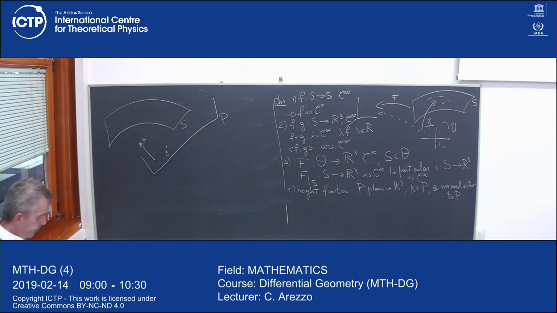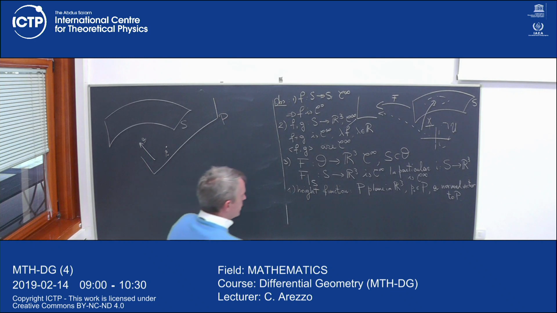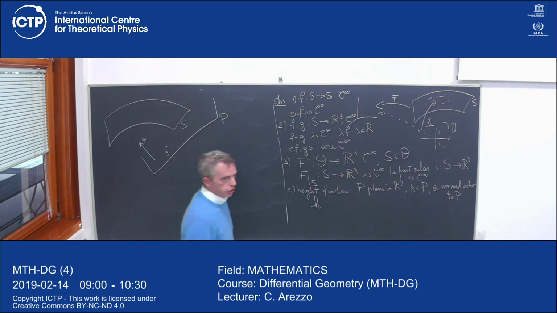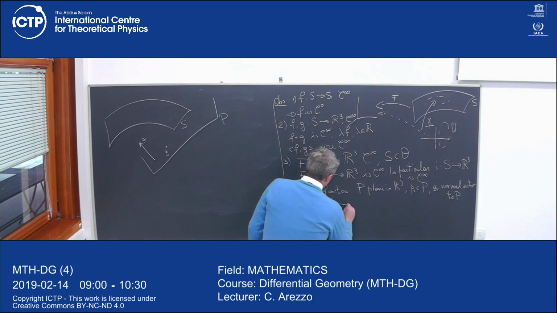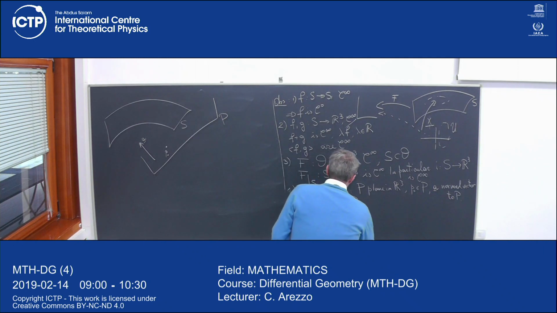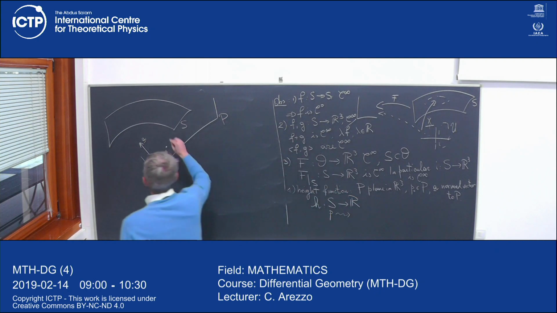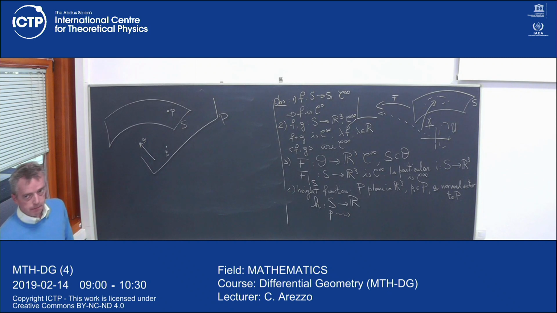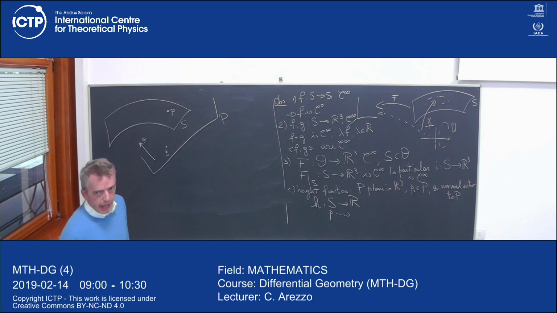Okay, S is a regular surface, so now I define the function height, which I will call H, from S to R, which takes a point P and gives me what? So now I pick a point P here. Now P is in S. Of course, the name suggests what we are looking at, the height.